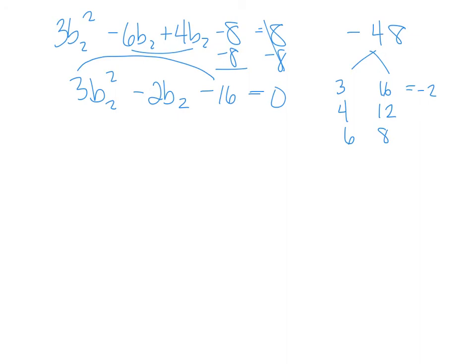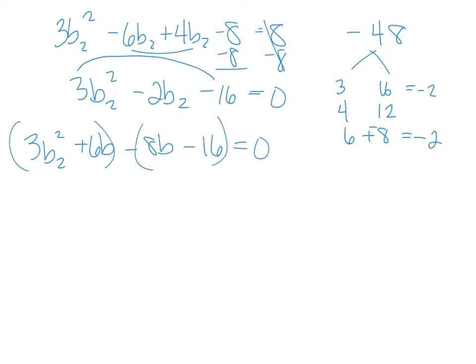There we go. I need a negative 8 and a positive 6. That gives me a negative 2. Go ahead and factor by grouping. Plus 6b minus 8b minus 16.